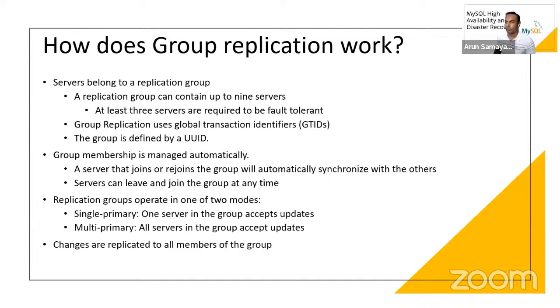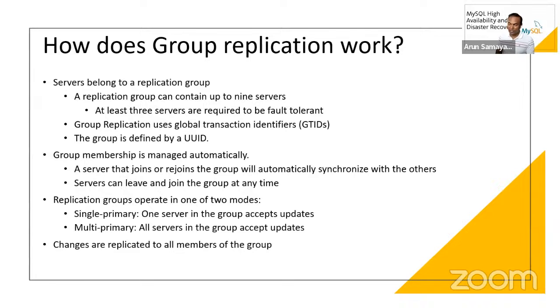Okay, thank you. And how does group replication work, right? In general, we form a replication group, and each replication group can contain up to 9 servers, right? And like we discussed, at least 3 servers are required for a group replication group to be fault tolerant, okay?